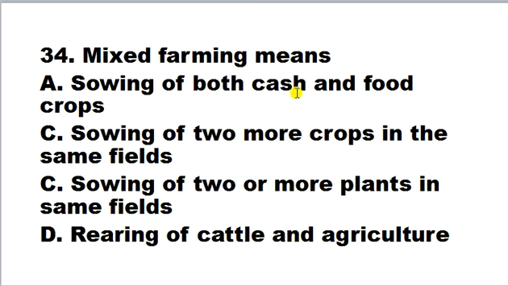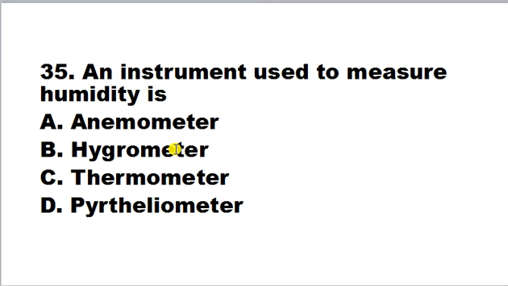Mixed farming means sowing of both cash and food crops, sowing of two or more crops in the same field, sowing of two or more plants in the same field, rearing of cattle and agriculture. So mixed farming means rearing of cattle and agriculture. There is a production of agriculture as well as livestock production. This is called mixed farming.